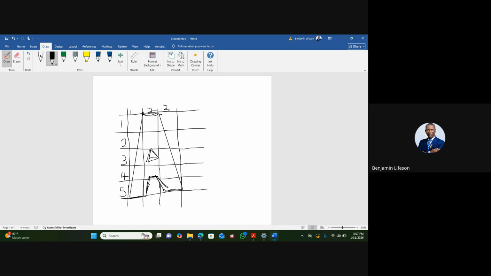So that is letter A. You can see the letter A this way, this way. This is letter A. As you cannot see, I'm shading it for you to see.